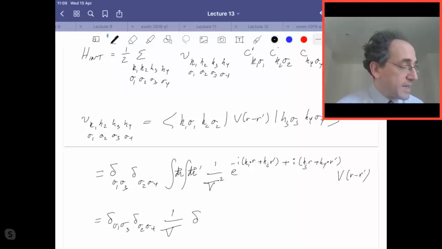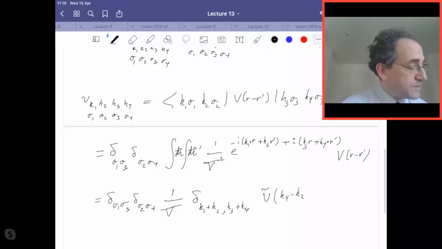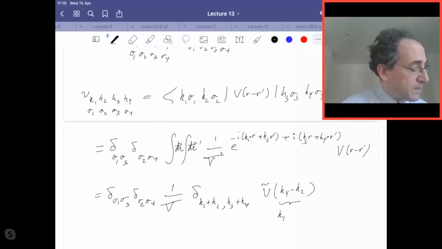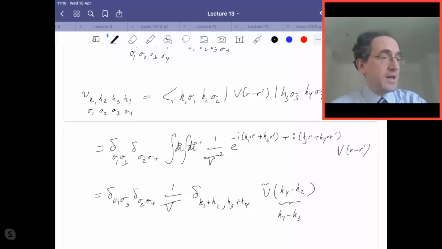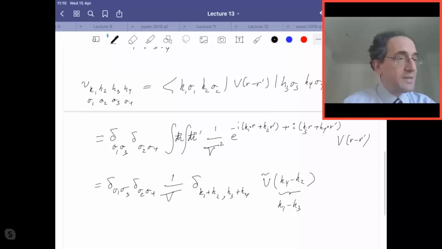There's a momentum conserving delta function: the momentum k1 plus k2 better be the same as the momentum k3 plus k4. The interaction conserves the total momentum, and then we'll write it as V twiddle of k4 minus k2, but k4 minus k2 is also the same as k1 minus k3. Good, and that's all we need here.